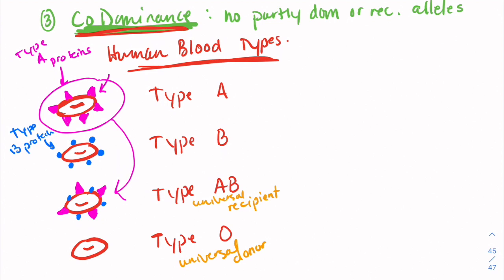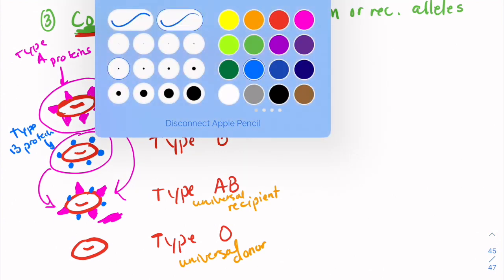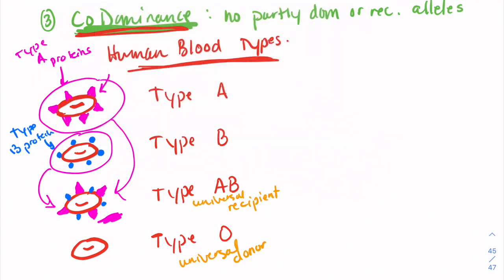People with type AB blood have no problem receiving blood from a type A person because your system is used to seeing these A proteins. Likewise, if you give an AB person blood from a type B person, your cells are totally going to be cool with it because your cells already are familiar with these B proteins that are all over the B blood cells.